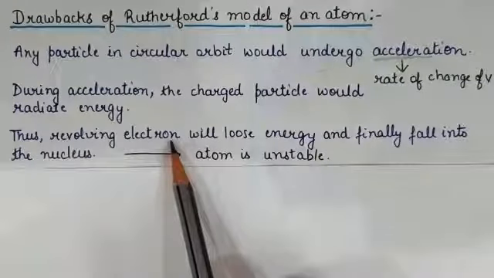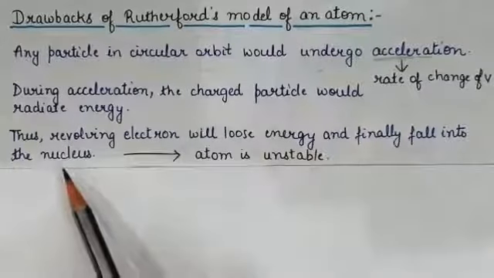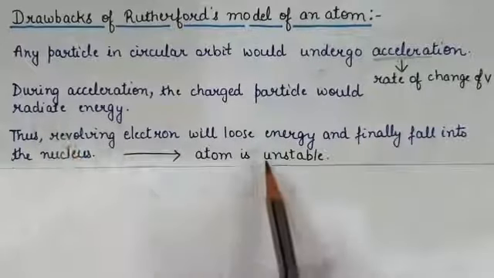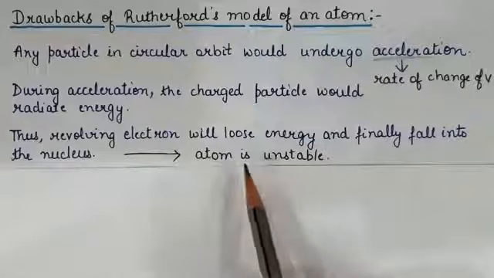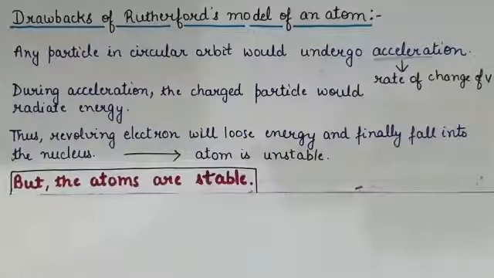So the revolving electron will lose energy and finally fall into the nucleus. It means atom is unstable, but the atoms are stable. So Rutherford said that it could not explain the stability of an atom. This is the limitation.